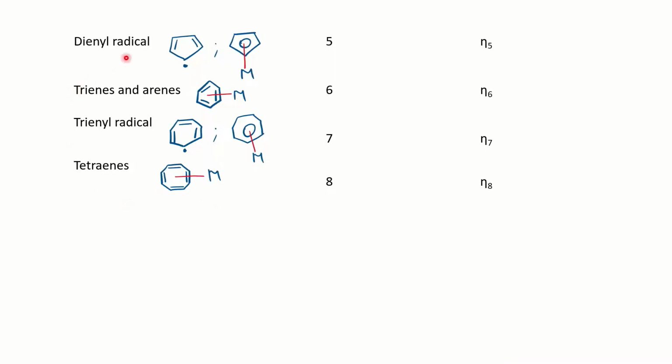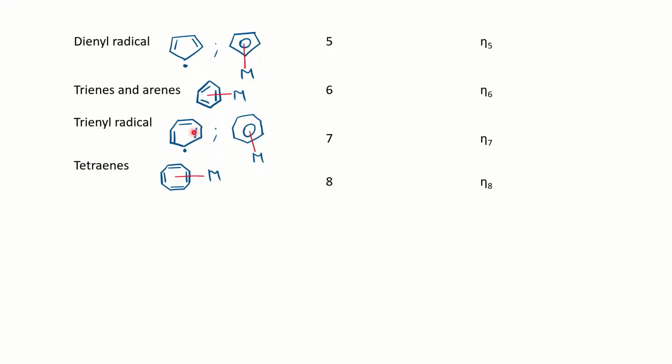Next you have the cyclopentadienyl radical. There are 5 carbons, the free radical is in resonance, and the metal is bonded from the center, so all 5 electrons are donated to the metal, and the hapticity is eta 5. Similarly for trienes or arenes like benzene, the metal is bonded from the center, so all 6 electrons are donated to the metal, and the hapticity is eta 6.